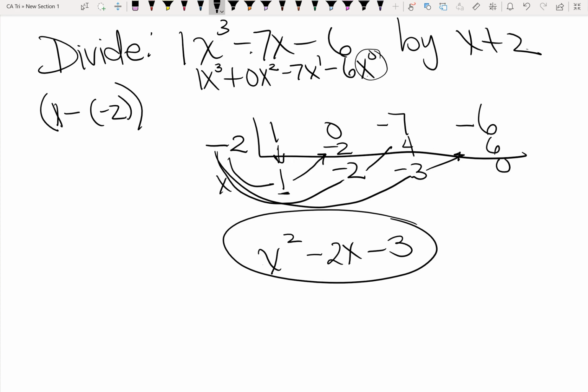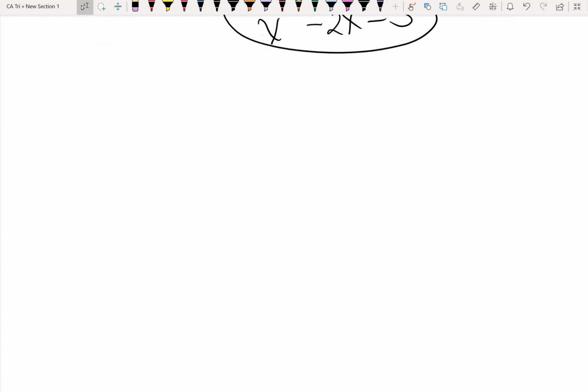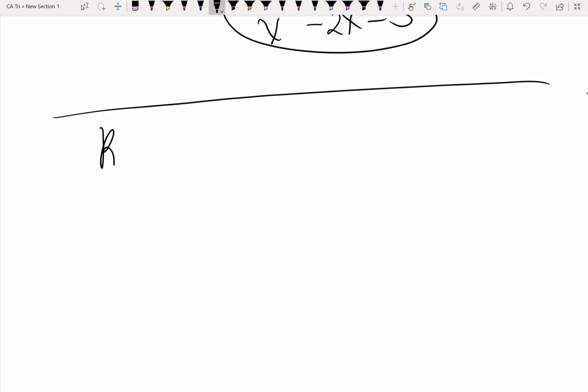Okay, now, where you do need to pay attention is this next example and concept. This is on the SAT, and you're going to see this. This is called the remainder theorem. And the notation looks hideous, but this is actually a very easy concept once you see it in practice.